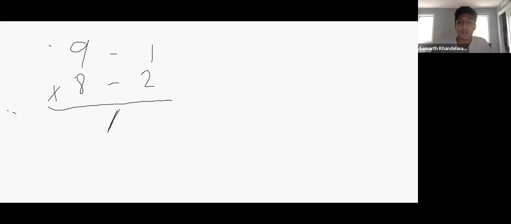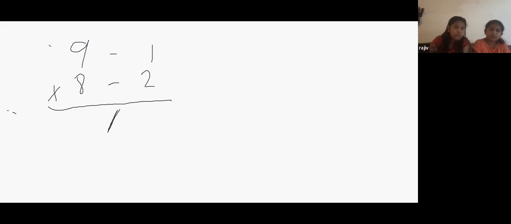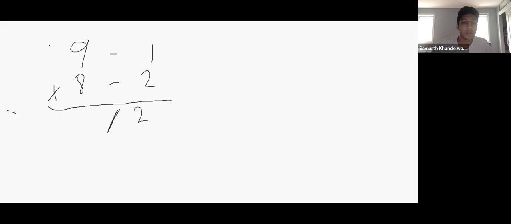Can anybody raise their hand and tell me what minus 1 times minus 2 is? Yes, you, Rajiv. 2. Good. So that's the right-hand side. And for the left-hand side, here's what we do. We draw a circle like this.